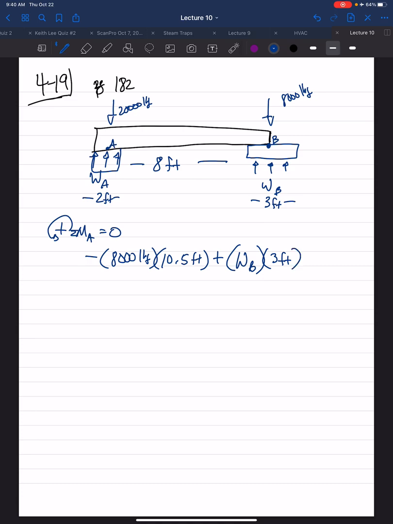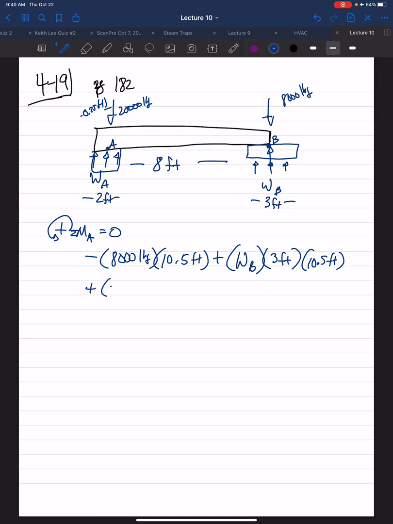Then the perpendicular distance, because WB acts right in the middle, at the centroid of the rectangle, is once again 10.5 feet to point A. And the 20,000 pound force, which is 0.25 from the edge, creates a positive counterclockwise rotation.